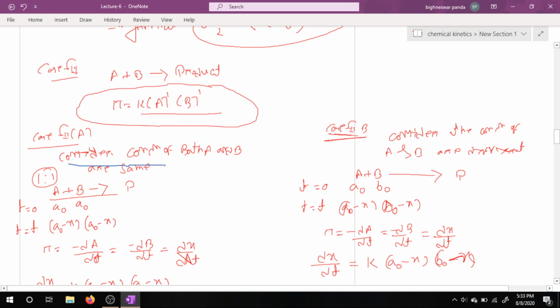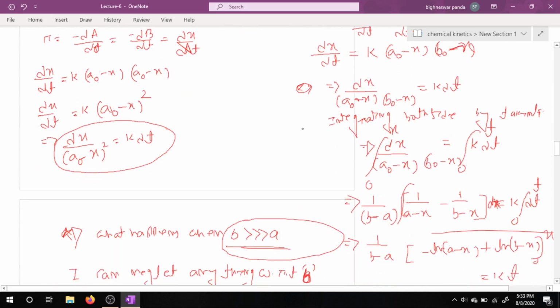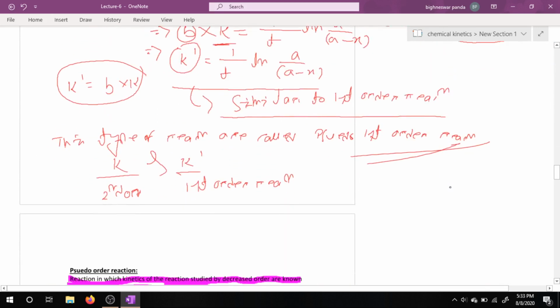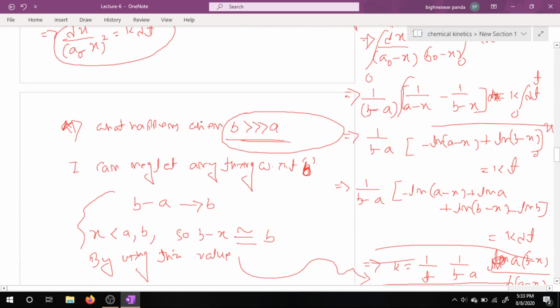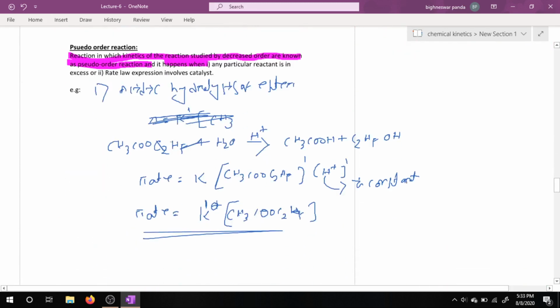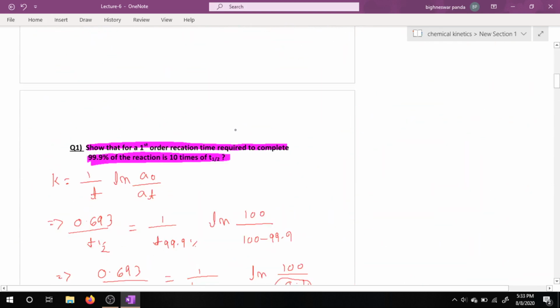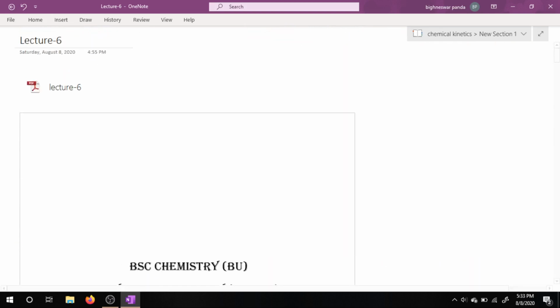Here the concentrations of A and B are the same, but there the concentrations of A and B are different. If A and B are different, we have a rate constant for this, and this can be solved for pseudo first order reactions, when B is very greater than A. So these are all the basics regarding second order reaction. Thank you.